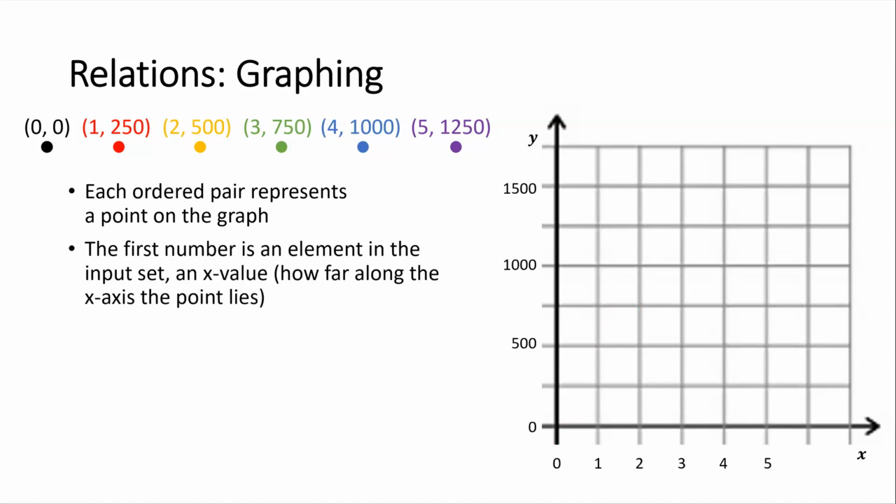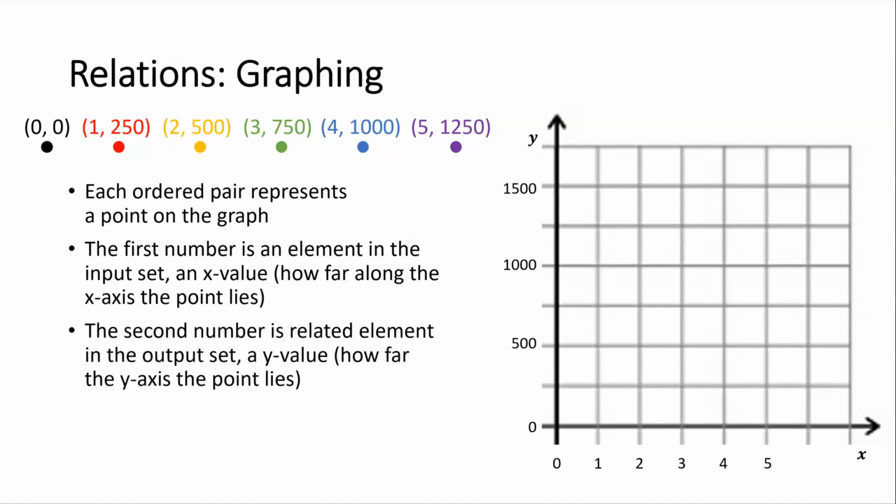Well, that first number, so the 0, the 1, the 2, the 3, the 4, the 5, those are all elements of the input set, or your x value, which just means how far along the x-axis or the horizontal axis does that point lie. Whereas the second number, the number on the right, is the related element in the output set. It's your y value, how far up or down that point lies along the y-axis.